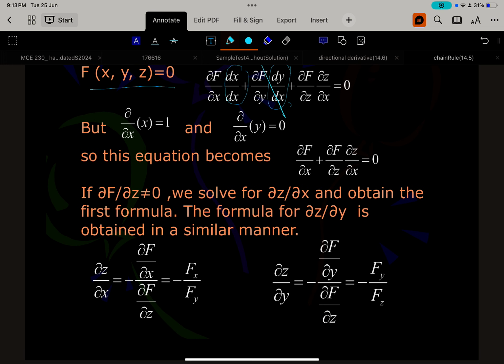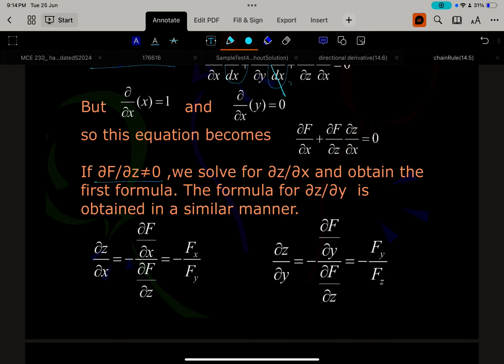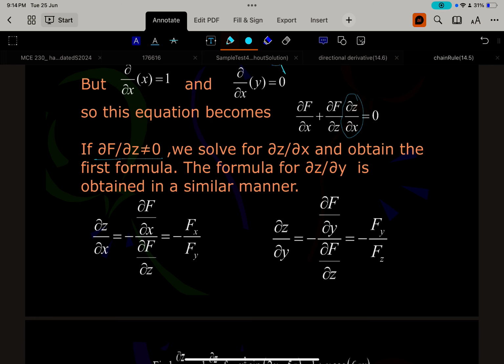If we assume the partial derivative of f with respect to z is not equal to 0, we solve for the partial derivative of z with respect to x, and we obtain the first formula. The formula for dz dy is obtained in a similar manner.